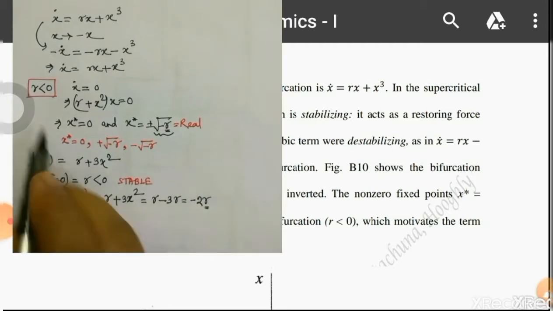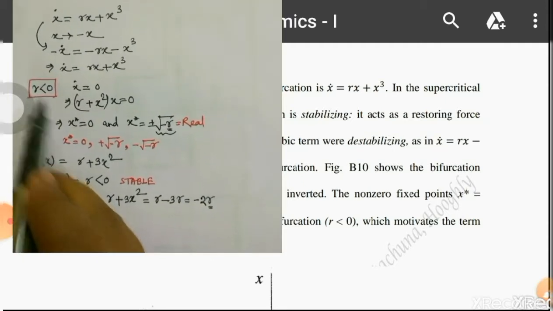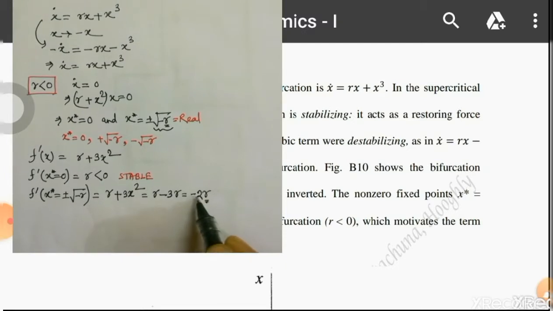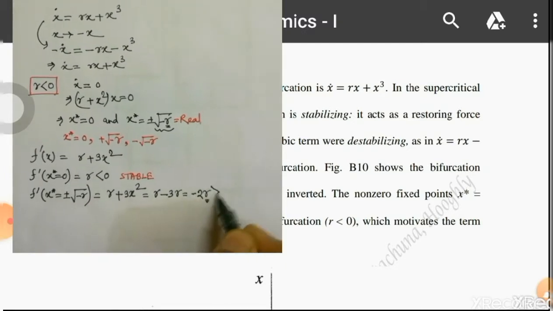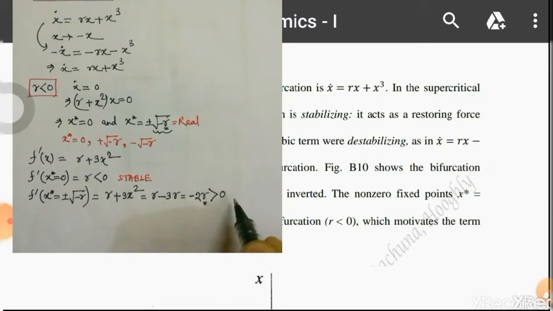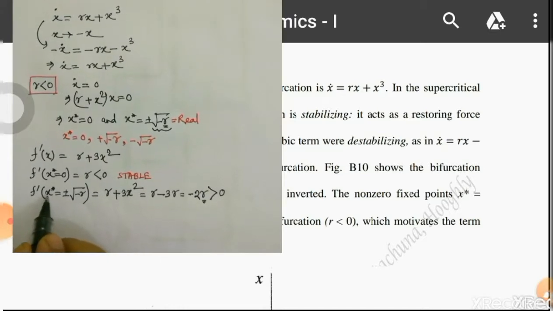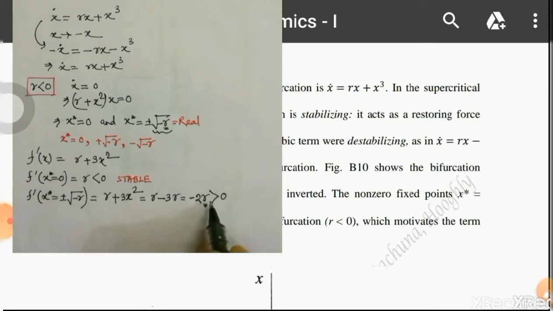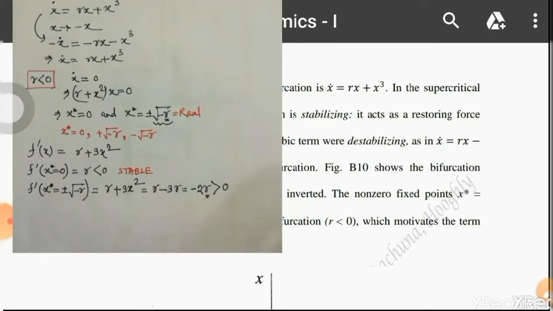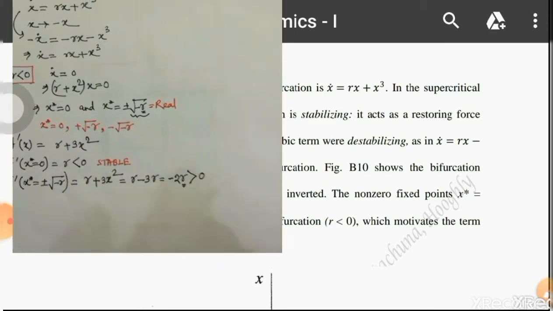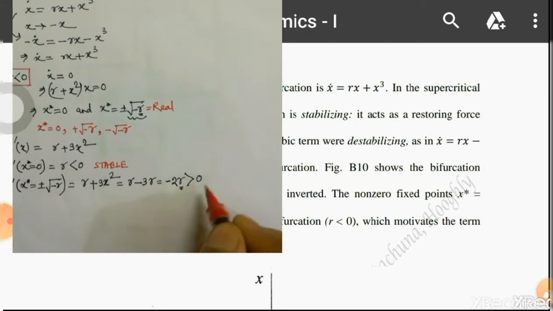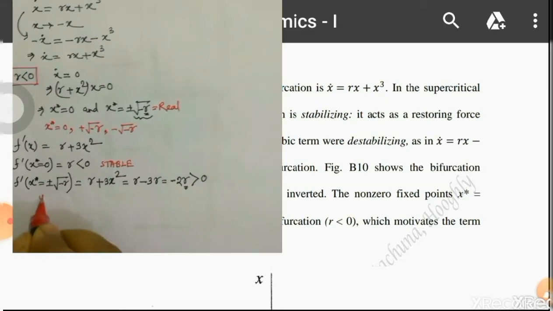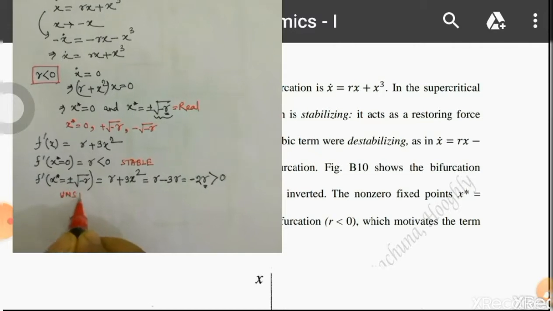Now r is itself negative, r is less than 0, therefore minus 2r will be greater than 0. So f prime at plus minus root of minus r is greater than 0. Therefore, these two fixed points are unstable fixed points.